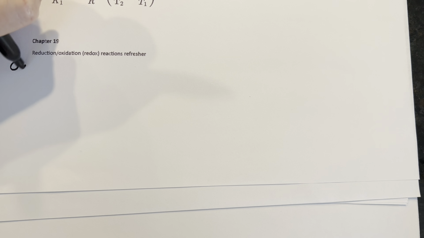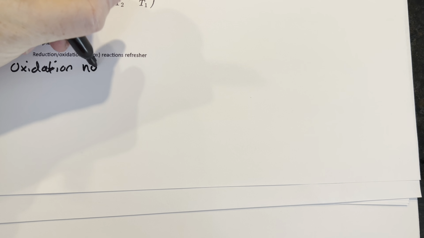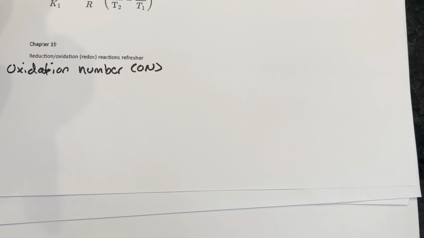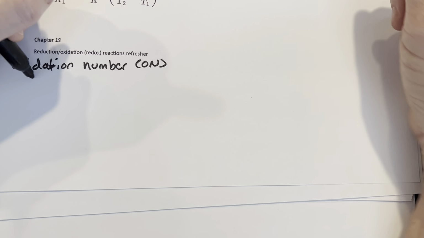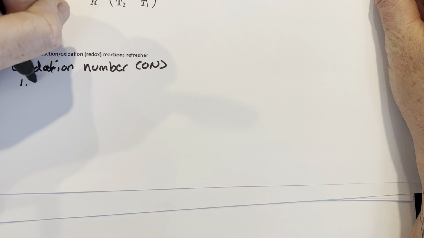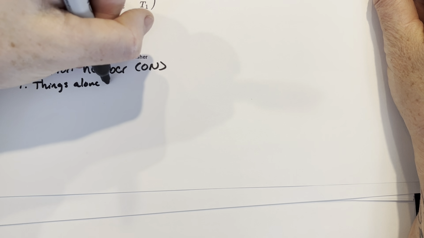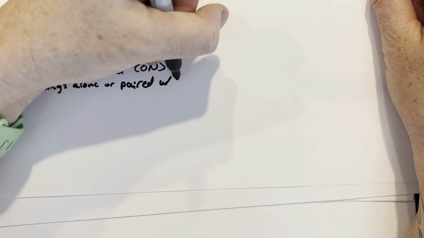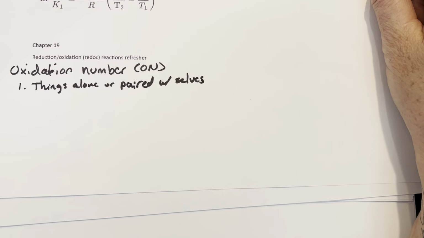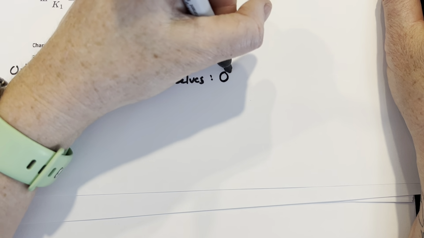We're going to start by talking about oxidation number, which we denote with an ON. There are a few rules to determining oxidation number. The first one is that things alone or paired with themselves are always going to have an oxidation number of 0.